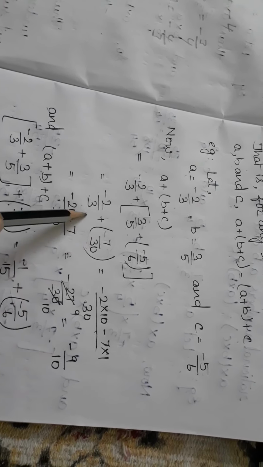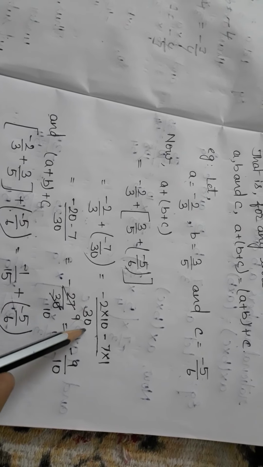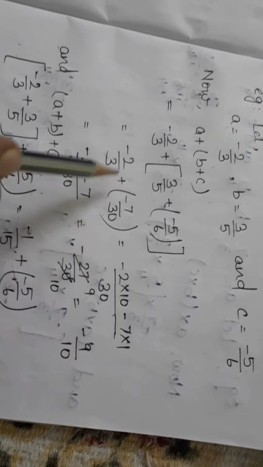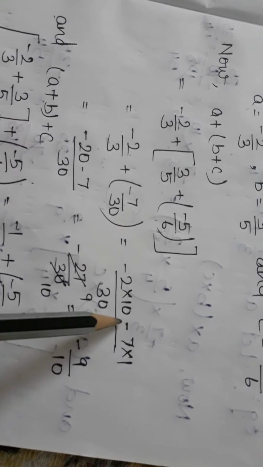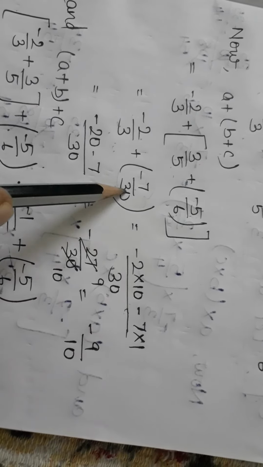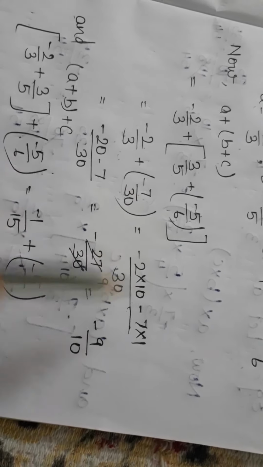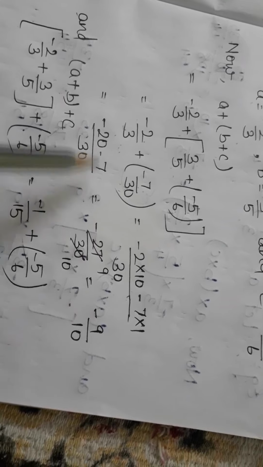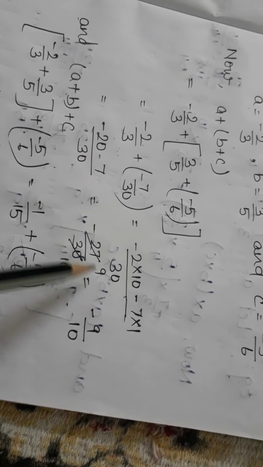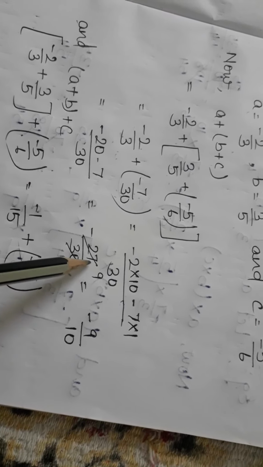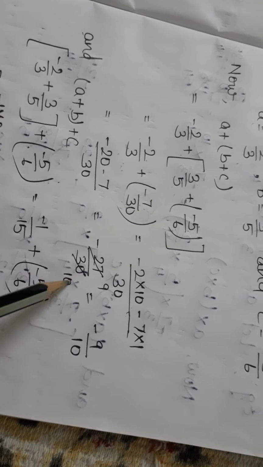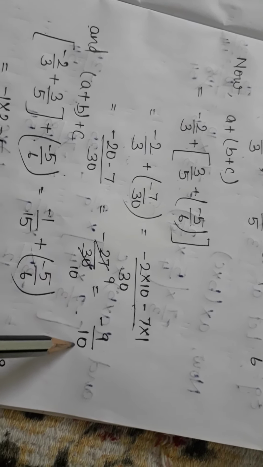Again you have to calculate the LCM of 3 and 30. What is the LCM? 30. So 3 into 30, 10 times; 10 into minus 2, minus 20, and 30 into 30, one time; 1 into minus 7. So what is the sum? Minus 27 by 30, that is equal to, it cancels by 3, 3 nines are 27, 3 tens are 30, that is equal to minus 9 by 10.